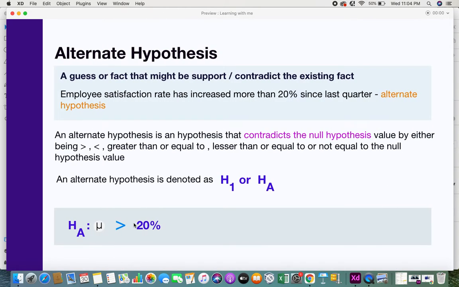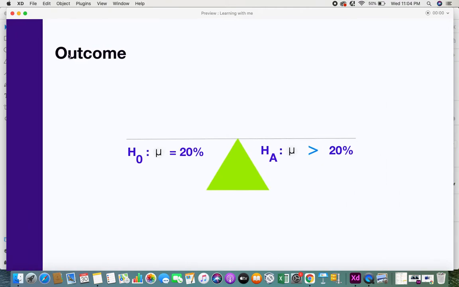So now, after creating your null and alternate hypothesis, now what happens? What is the outcome? So here, let's say that you now have your test. You're going to test which is going to be true, because two people have stated two different statements, and now you need to find out which is actually right.